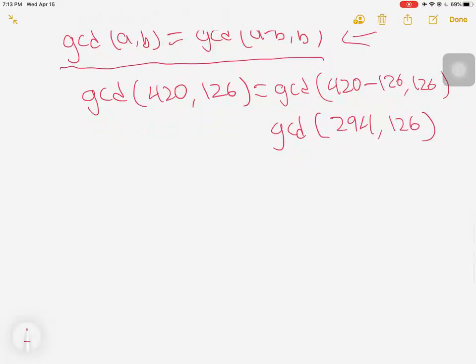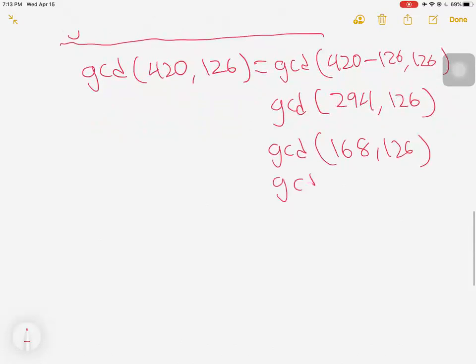And if we just keep on doing this, like we keep on subtracting 126, we get 168 and then 126. And if we do that again, we get the GCD of 42 and 126.